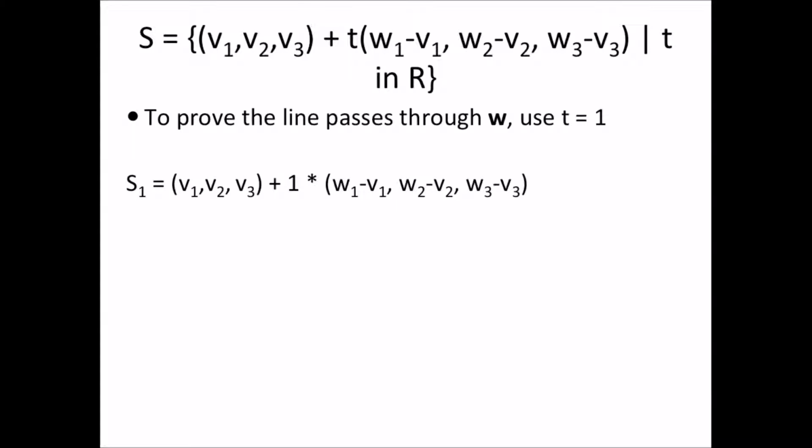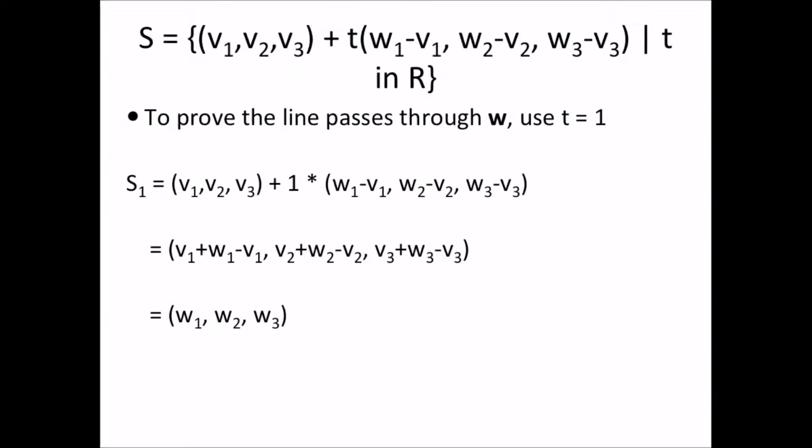When we look at each coordinate in particular, we see that we will get, when we multiply by 1, v1 plus w1 minus v1, v2 plus w2 minus v2, and v3 plus w3 minus v3. When we simplify each coordinate, we are left with w1, w2, and w3, which is point w. Now we have proven that point w is described in this set of points that describes our line.